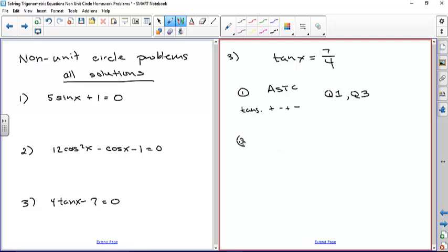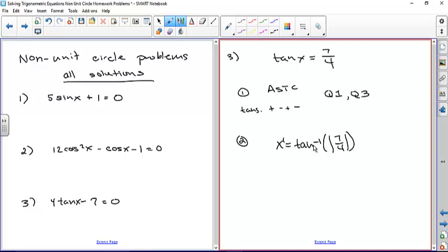Step number 2, find the reference angle. It's going to be the inverse tangent of the absolute value of 7/4. So again, I'm going to give you the answer. You can confirm. So take the inverse tangent of 7/4, and we get, I'm going to read it out, 1.0516.